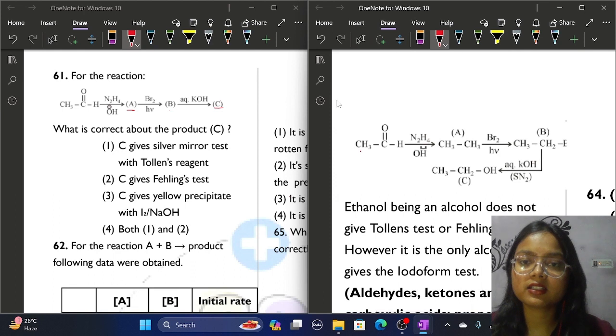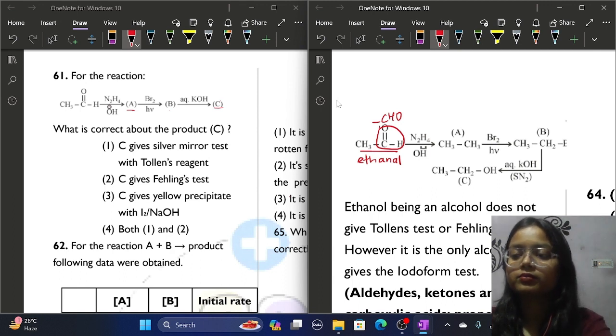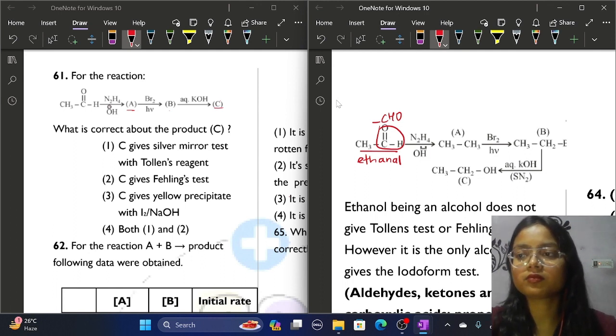So what is CH3CHO? It is ethanal, an aldehyde. COH is CHO. Sorry.